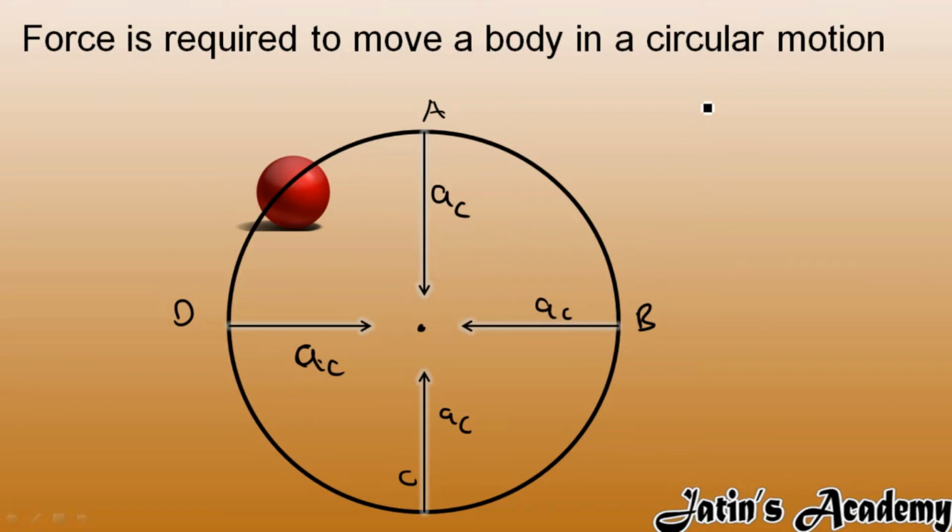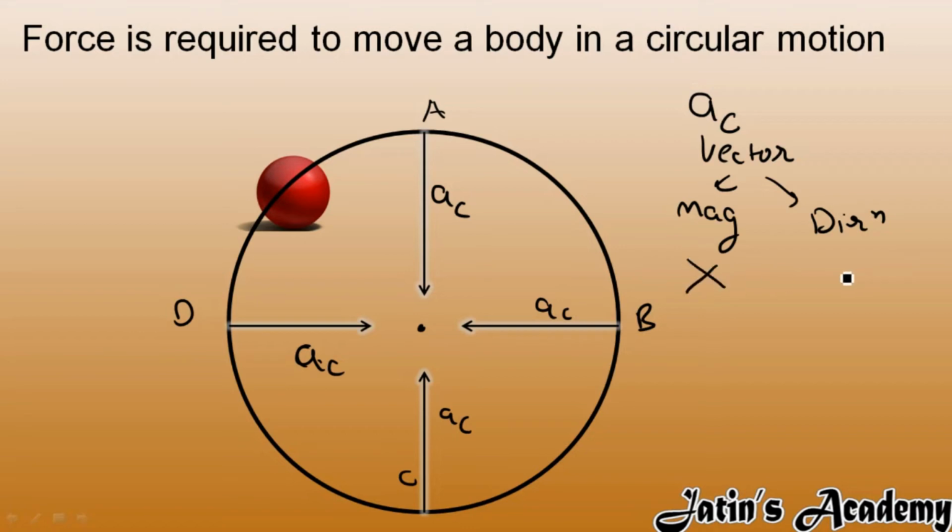So centripetal acceleration is again a vector quantity, which depends upon magnitude as well as direction. Magnitude is not changing, but direction keeps on changing. So that's why acceleration in a uniform circular motion is also changing, because of the change in direction.